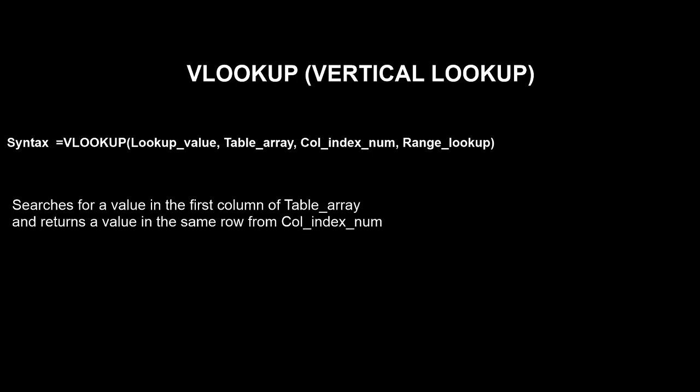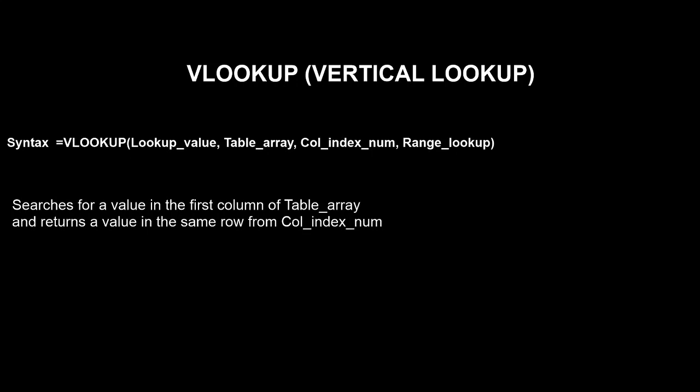And the VLOOKUP function really means vertical lookup, and that's what V stands for. In the syntax, you start with the equals, type VLOOKUP, and in parentheses you're going to put the lookup value.